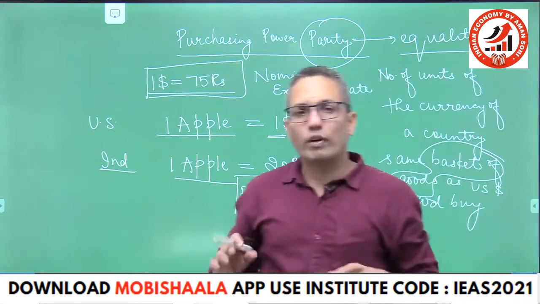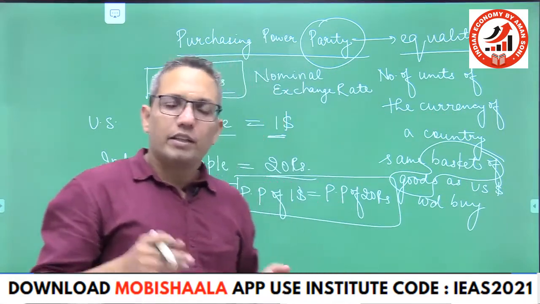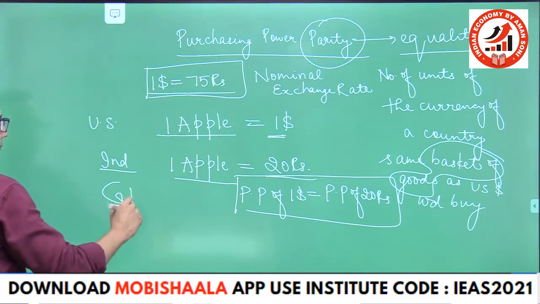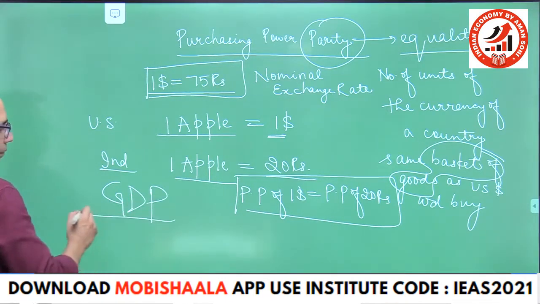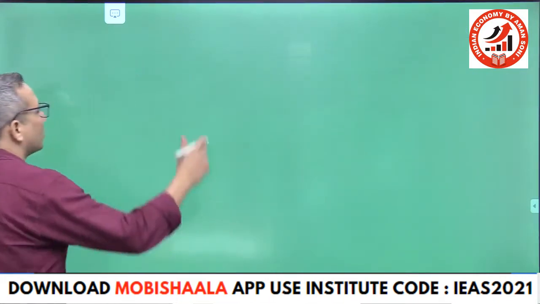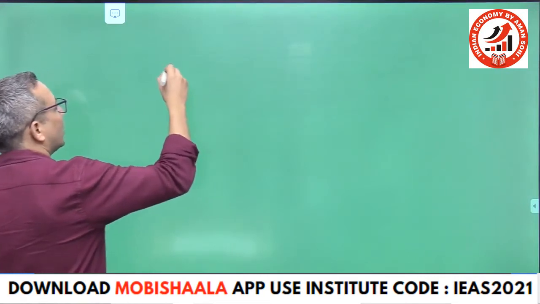So the point is, why do we have this PPP exchange rate? This PPP exchange rate is used to measure GDP. Look, you see this. Suppose, look, it's not suppose, it is. Let us see this.